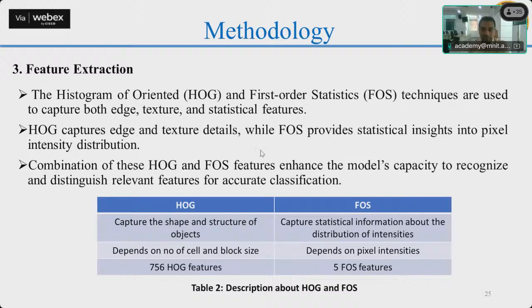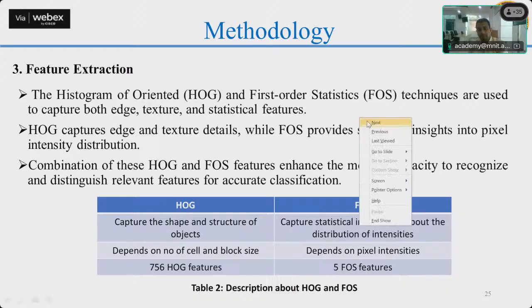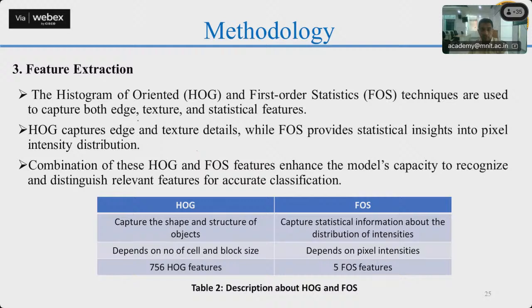So now coming to the part feature extraction. In feature extraction, the histogram of oriented gradient and first order statistics techniques are used to capture edge, texture, and statistical features. So what do we say here?